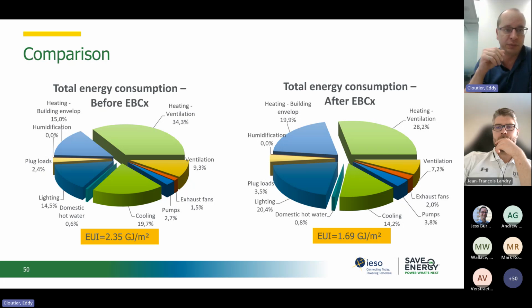That will be useful for them first to make a decision on which measures to implement, and also afterward, once the measures are implemented, to do energy follow-up and see if the target is reached when the project is completed.